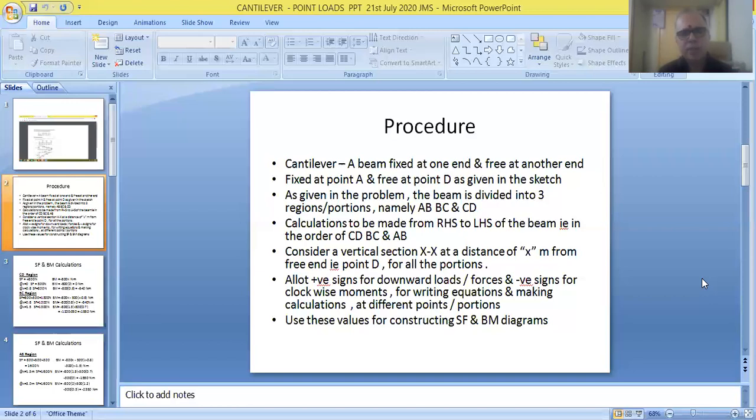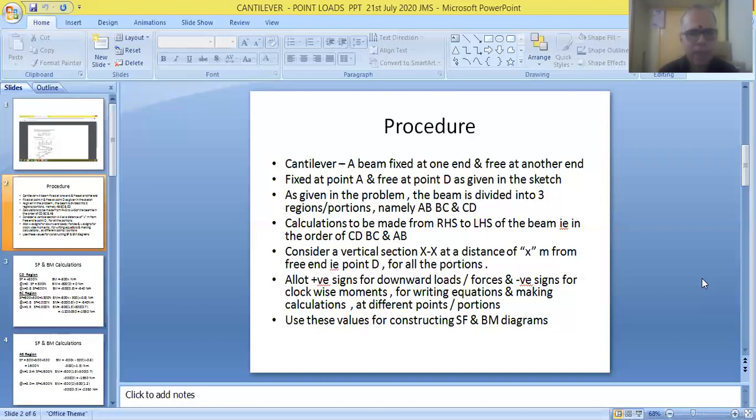Friends, this is very, very essential: dividing the beam as per the data given in the problem. Dividing the beam into different regions or portions is very important for writing equations and making calculations.